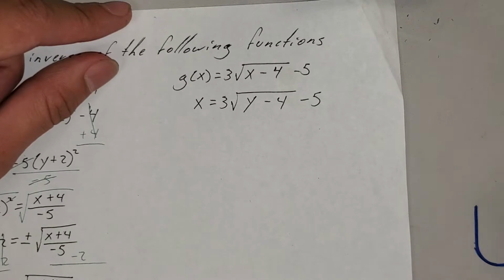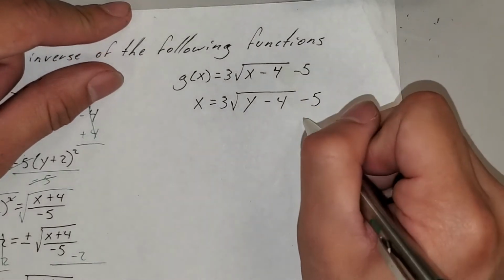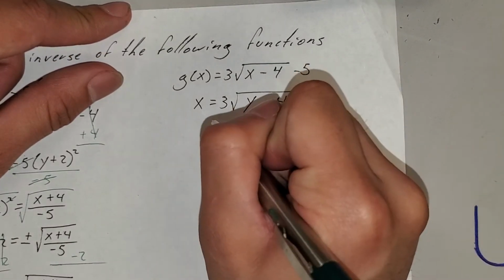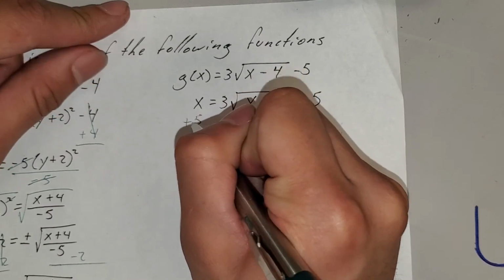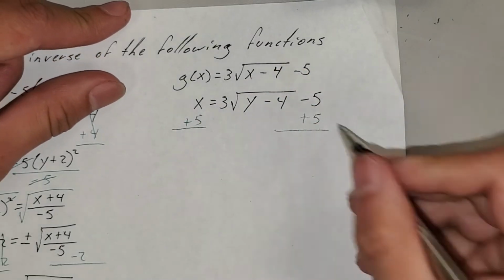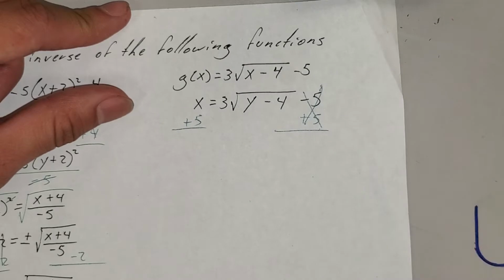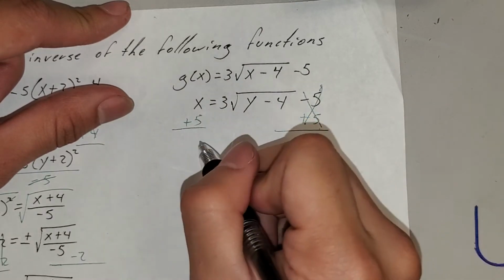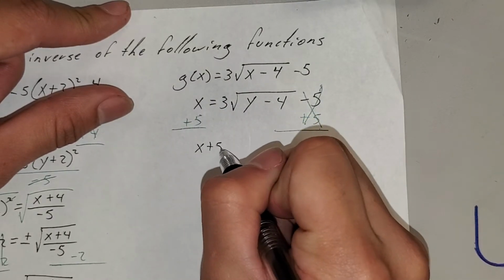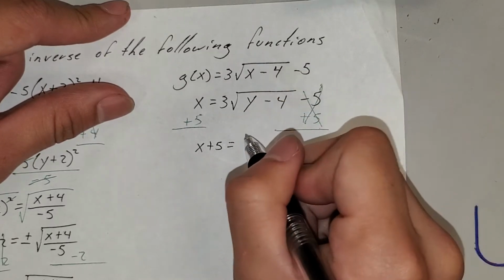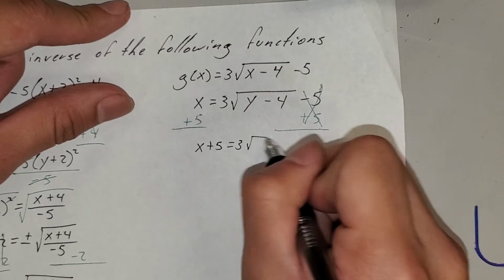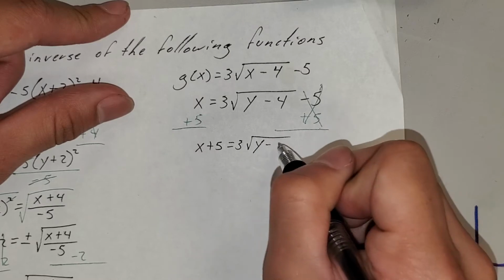Let's walk through the same process. First, adding 5 to both sides. This way, these will cancel out to give me x plus 5 equals 3 times the square root of y minus 4.